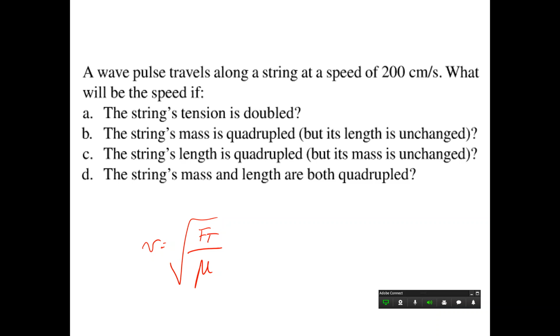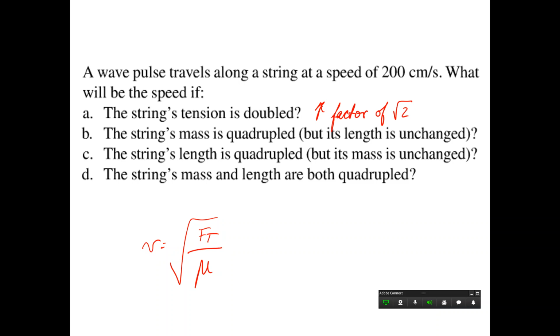So what would happen to the speed if the string tension is doubled? Square root of 2 is what? 1 point whatever. It would increase or decrease, first of all? It would increase, right? And it would increase by a factor of square root of 2. Very good. Let's write that down. Increase by a factor of the square root of 2.